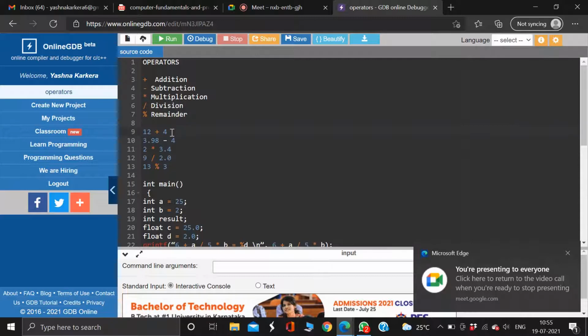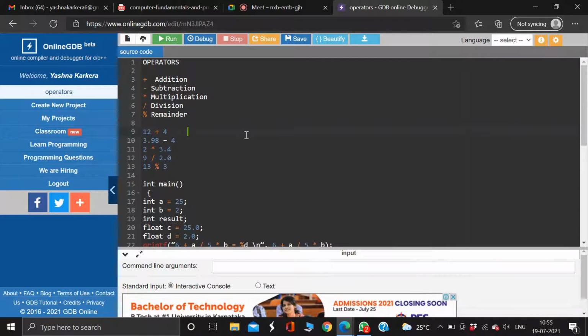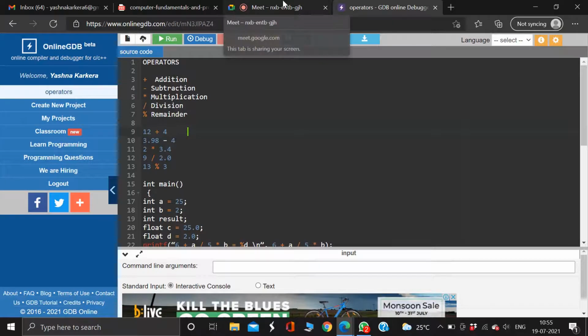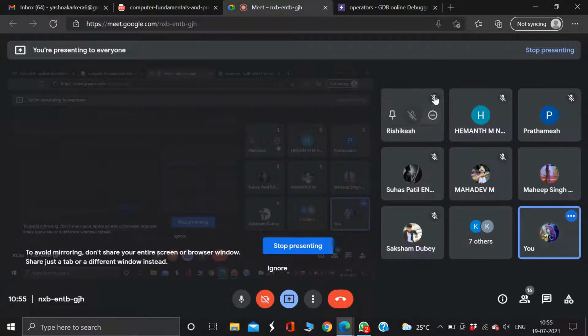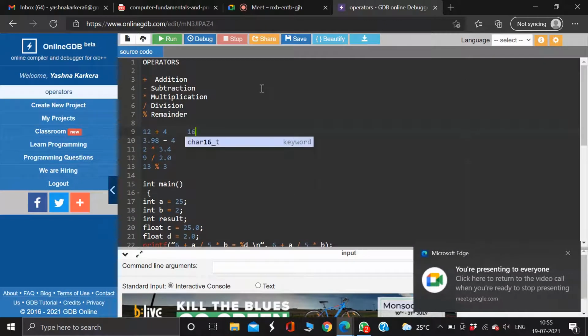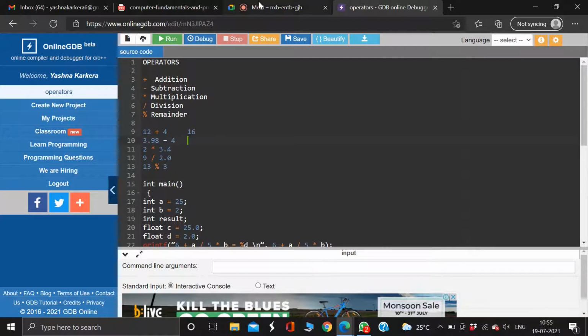इसका आउटपुट क्या होगा? What if I calculate 12 plus 4 in C? Answer. 16. Cool. What will be the answer if I calculate 3.98 minus 4 in C?